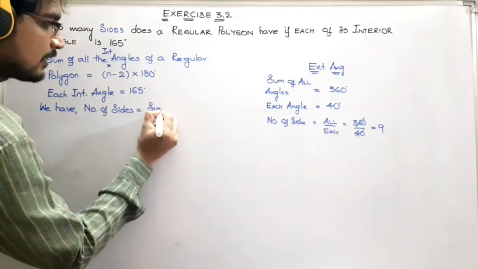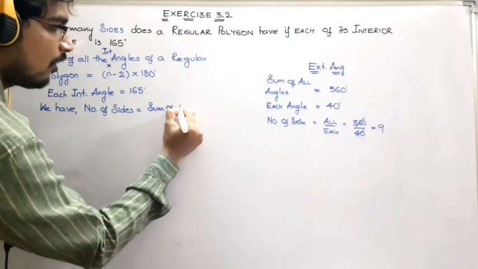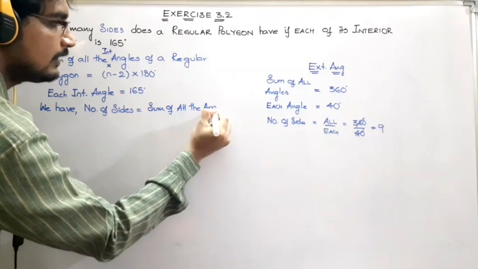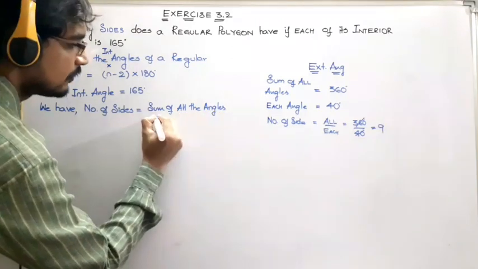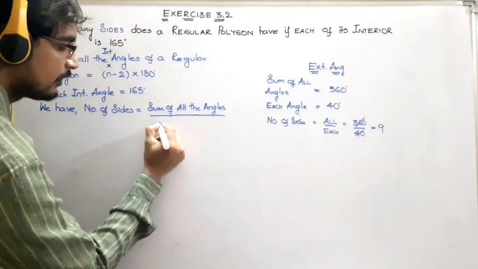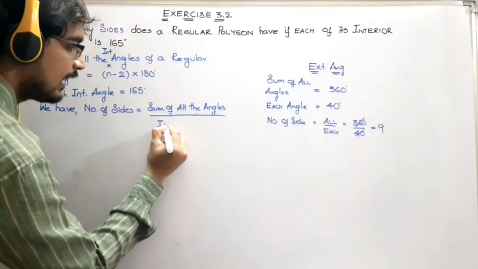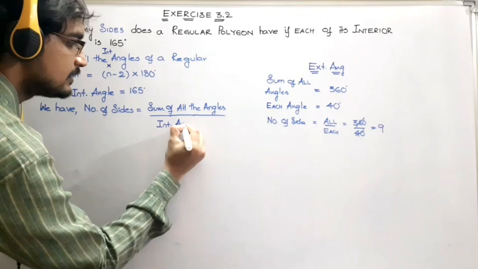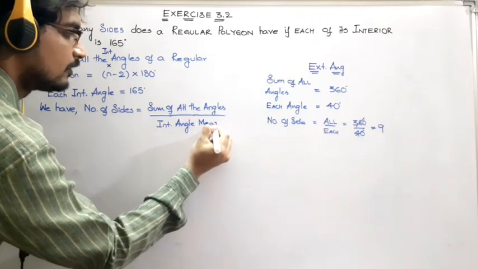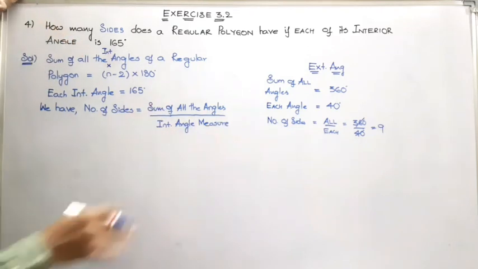The sum of all the angles divided by the interior angle measure, here each or single.